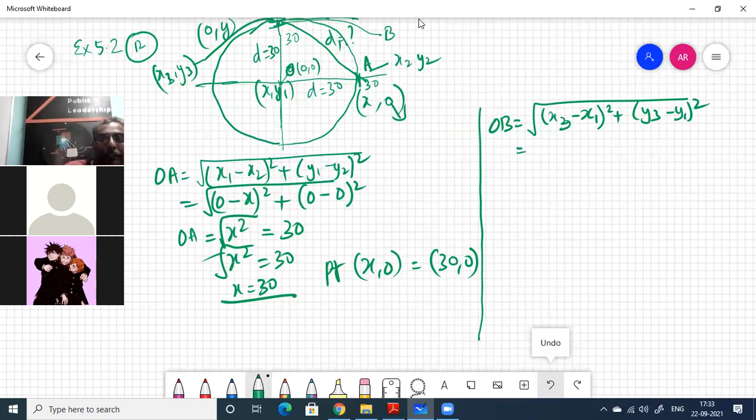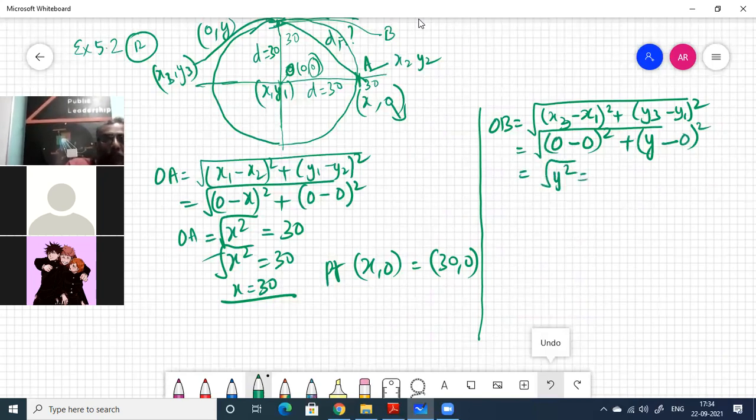So x3 is 0. 0 minus x1, x1 also 0, the whole squared plus what is y3? y3 is y. Y minus y1, y1 is 0. Y minus 0 the whole squared. That is equal to 0 minus 0, 0. Forget it. Root of y squared.